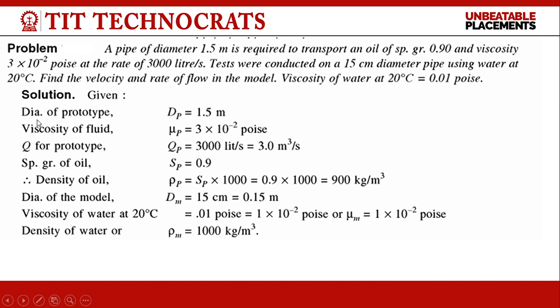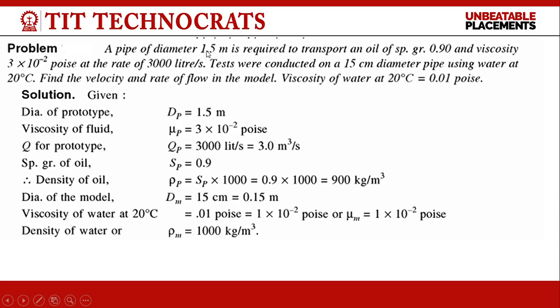Now, based on the question given, we can determine the velocity and rate of flow in the model. First of all, we will write down whatever is given. Diameter of prototype is given as dp is equal to 1.5 meter.